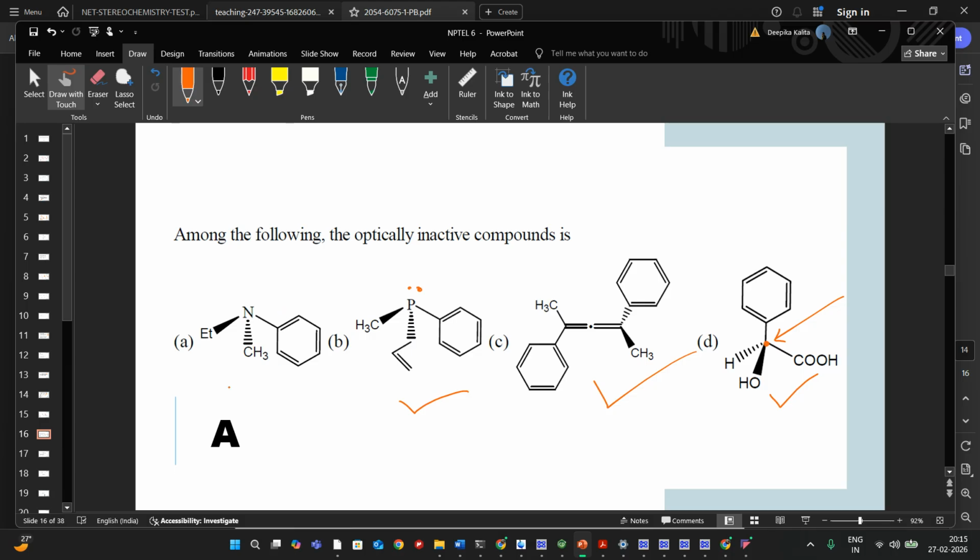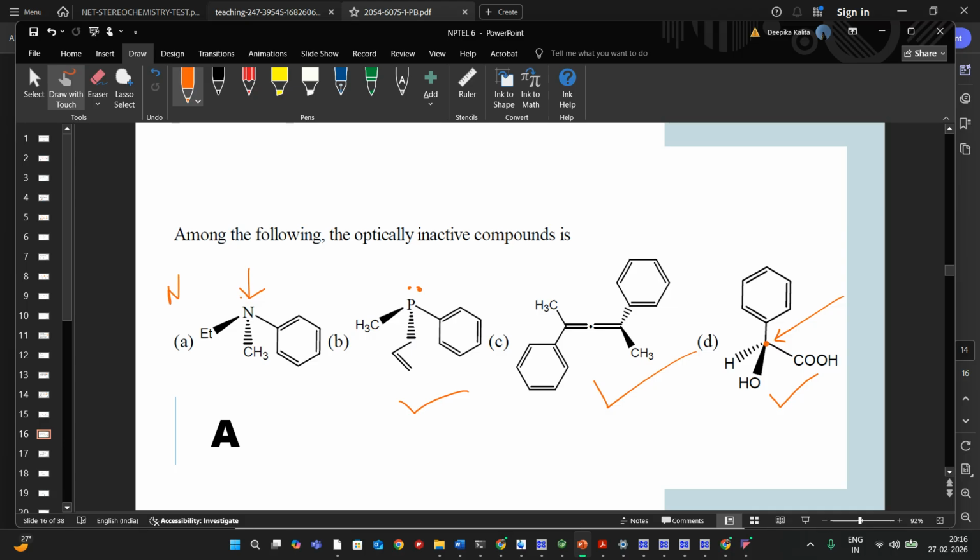But for this amine, you must know that pyramidal molecules like this amine undergo a phenomenon which is called umbrella inversion, where the molecule flips inside out through a planar transition state and it can invert itself.